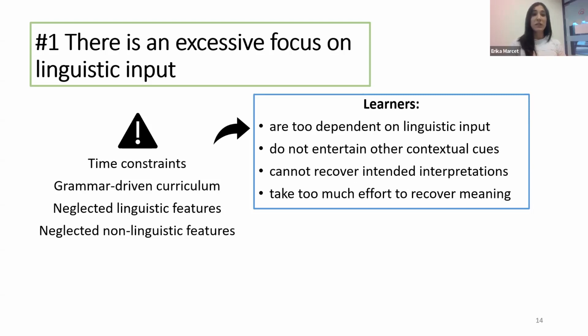And as a result of this, learners become too dependent on grammar forms as the main source to recover meaning, not searching for relevance outside those linguistic forms, or not entertaining other factors that are essential for the successful recovery of intended interpretations.